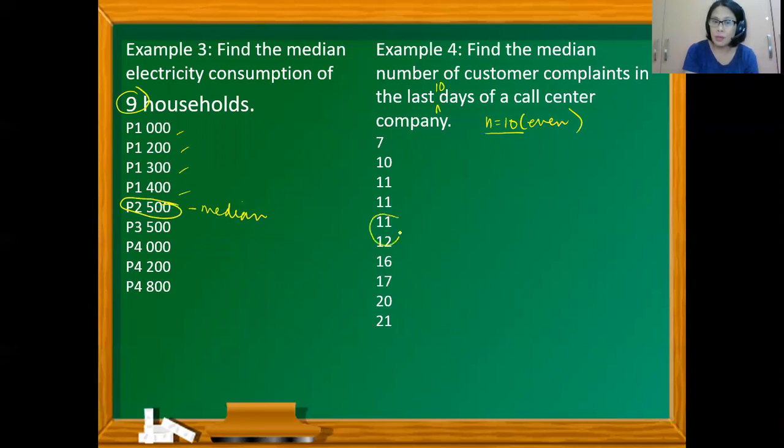The median is equal to the average of the two middle values, and this is equal to 11.5. So that is the median for this example.